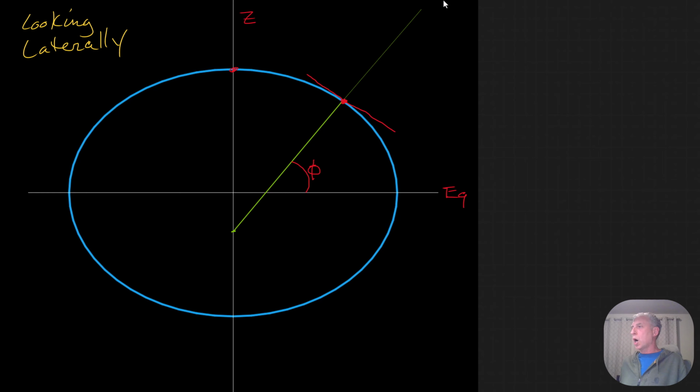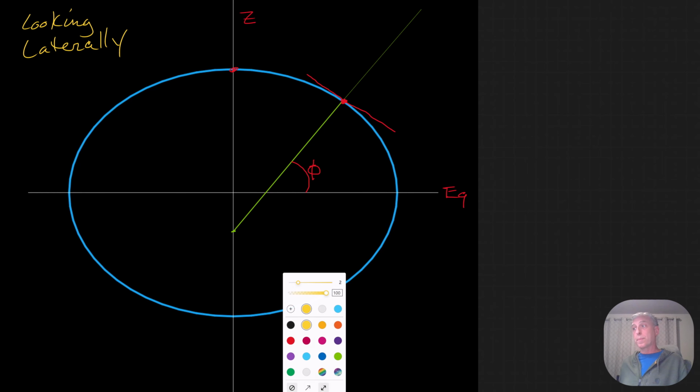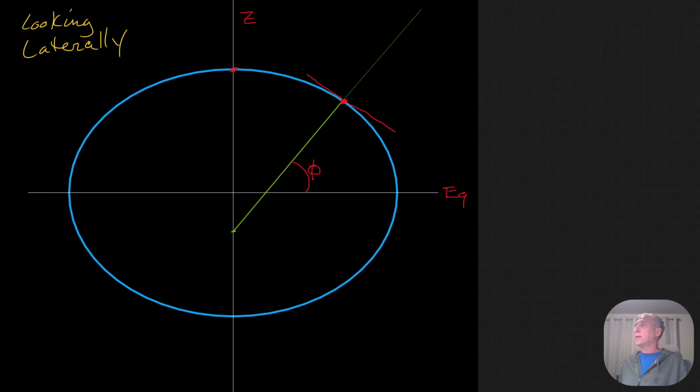And if I were to draw an axis that's parallel to my z-axis, then it's easy to visualize what we need to do. And we know that this is a perpendicular, right? So it should be easy to convince ourselves that this is 90 minus phi.